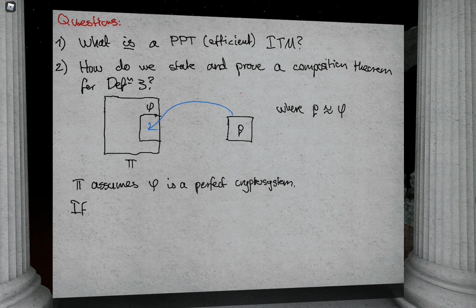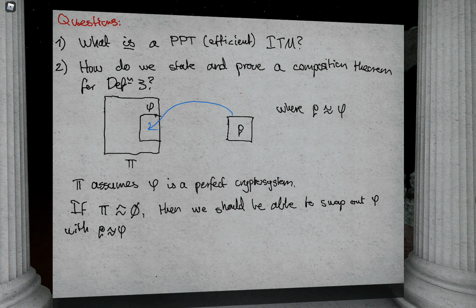So if pi is indistinguishable from capital phi, then we should be able to swap out the assumed perfect crypto system with something else that is approximately perfect and still be indistinguishable.